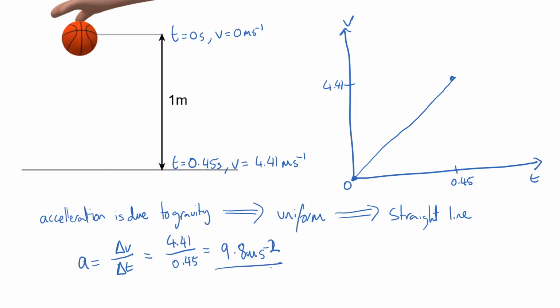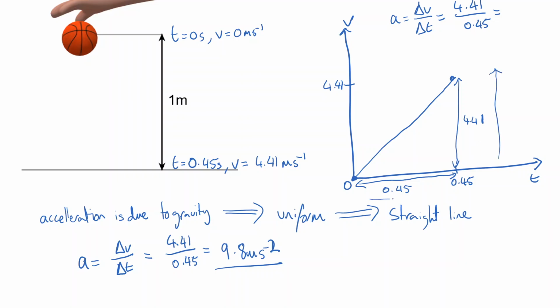And so what we've done here, let's think more closely. We've taken 0.45, so that's what this distance is, and then we've got 4.41, which is that distance, and so this is the rise, and this is the run, right?